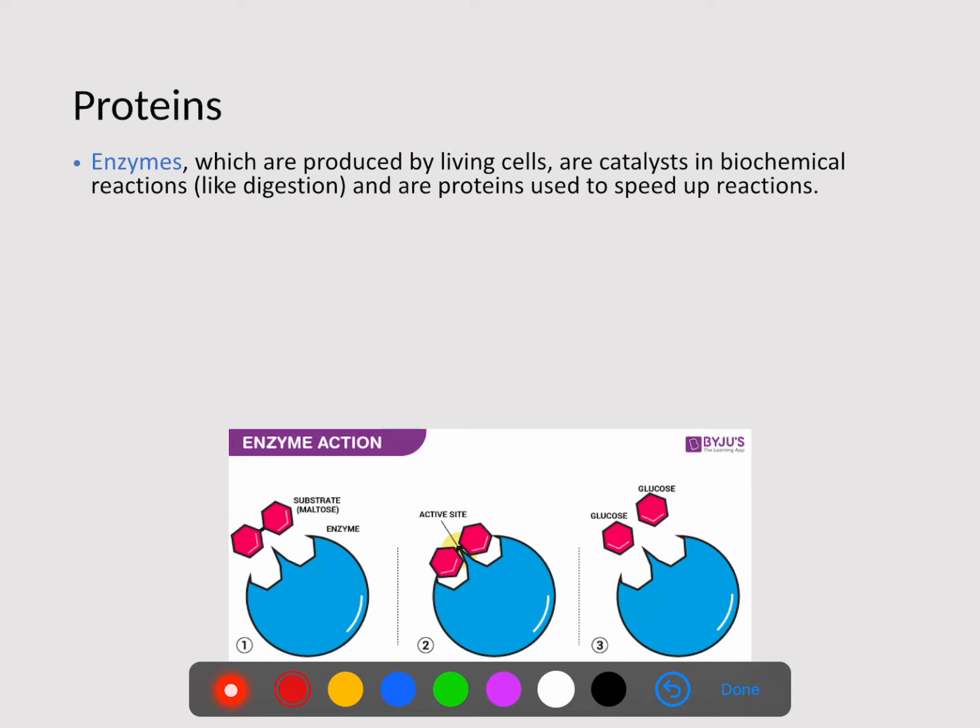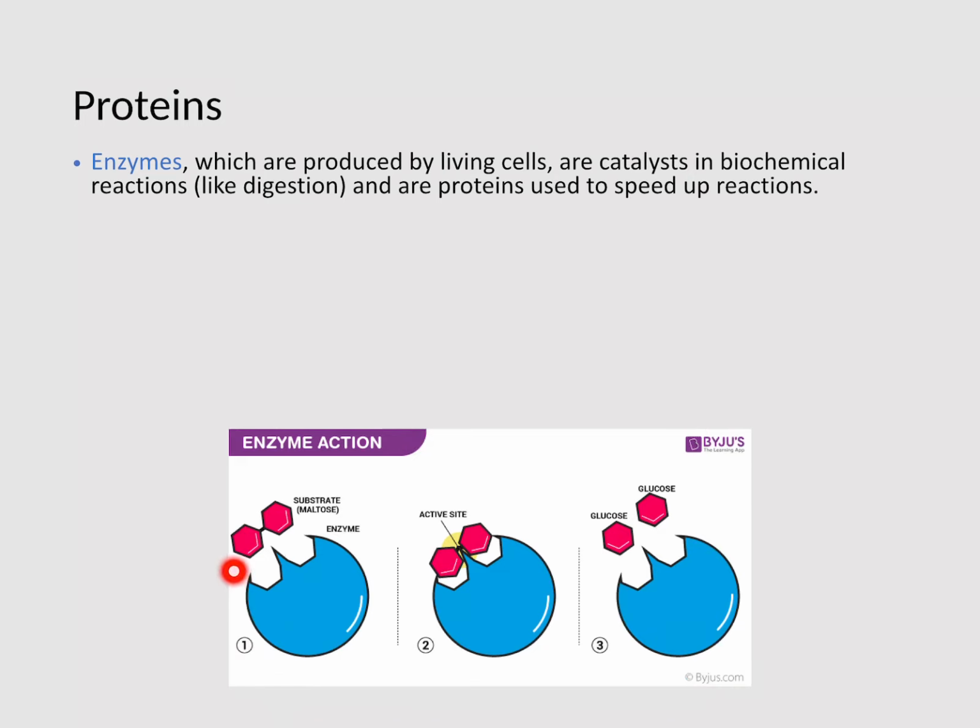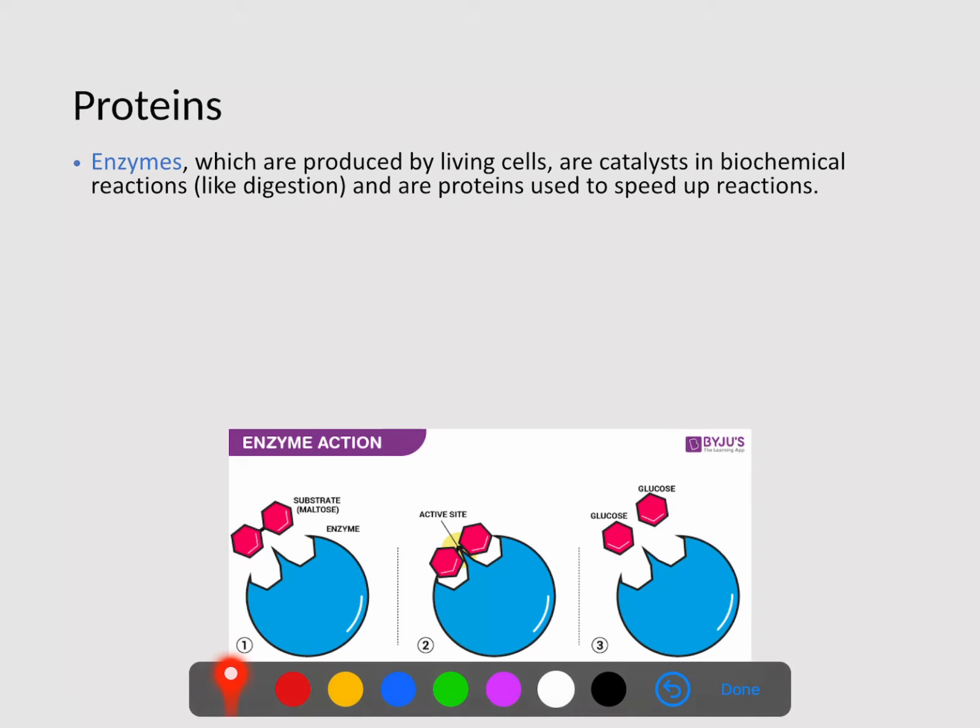Now, another important protein that is produced in our body are these things called enzymes. And enzymes are produced by living things, are catalysts in biochemical reactions like digestion, and are proteins used to speed up reactions. So enzymes help speed up reactions. So in this picture, this would be the thing that we want to break down.